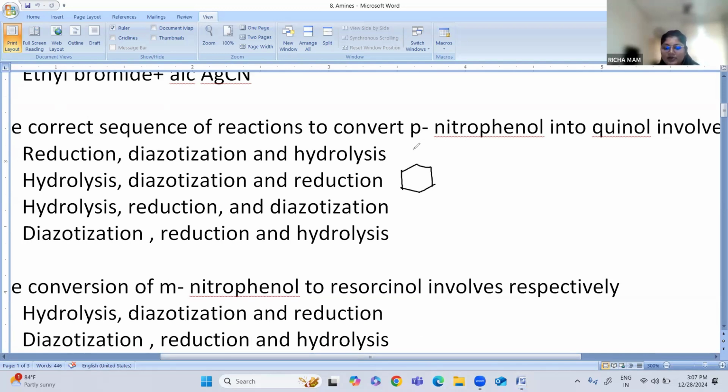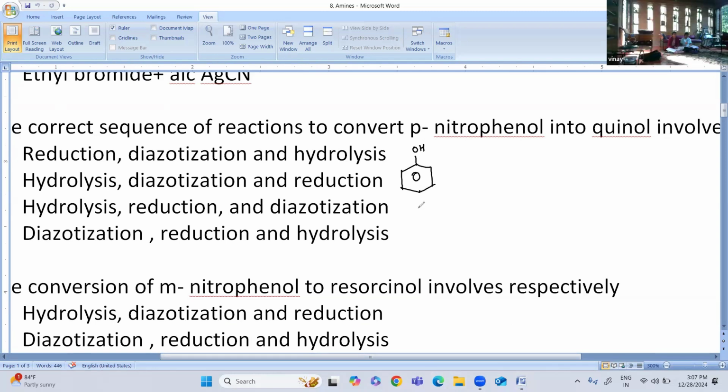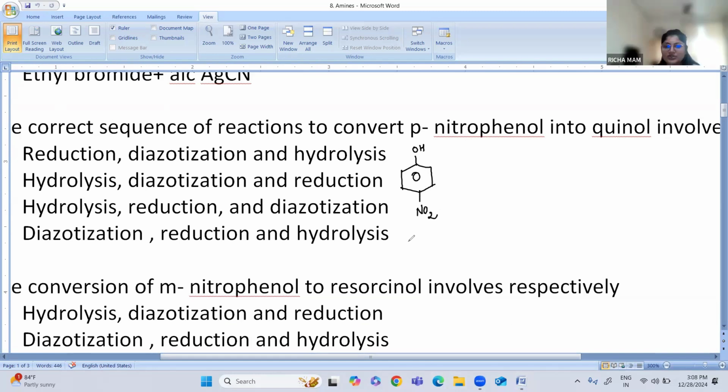With respect to phenol, the nitro group will be at the para position. So this is para-nitrophenol. From para-nitrophenol, I am going to prepare quinol. What is quinol? Quinol has OH at the 1,4 positions. So this is your quinol.